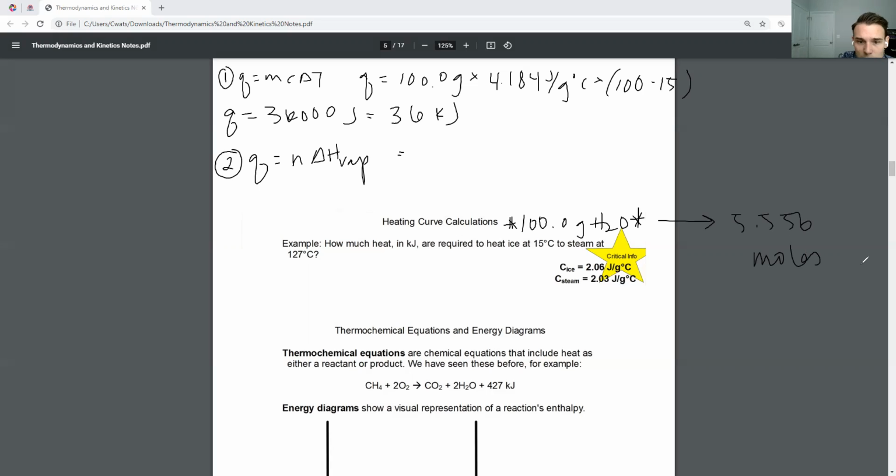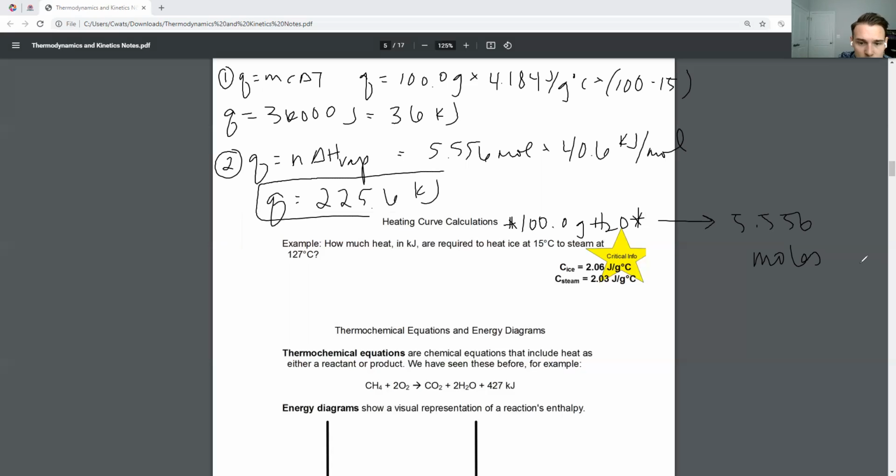So it's going to be equal to 5.556 moles times the 40.6 kilojoules per mole. And that Q will give me 225.6 kilojoules.